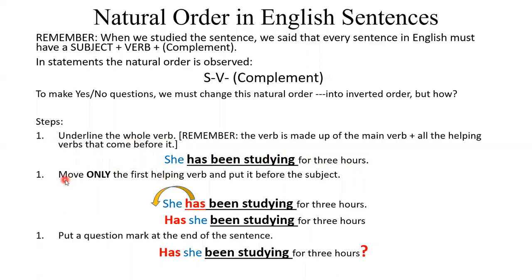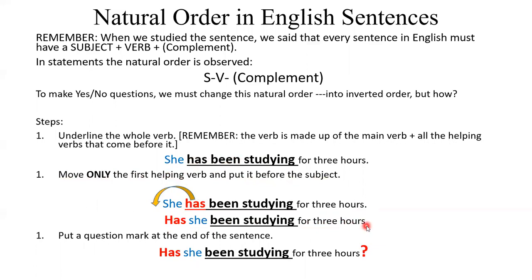Now I have to go and move only the first helping verb and put it before the subject. Where is the first helping verb? I have 2 helping verbs, has and been. So, as it says here, the has is the first helping verb. I need to bring it before the subject. So the question is, has she been studying for 3 hours?